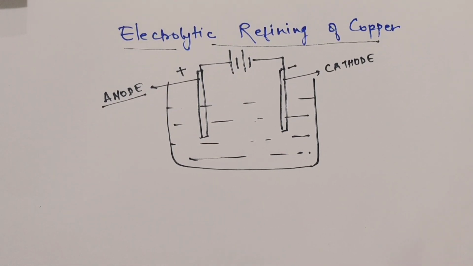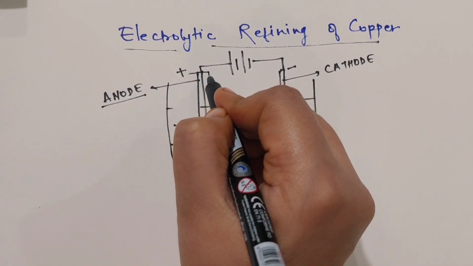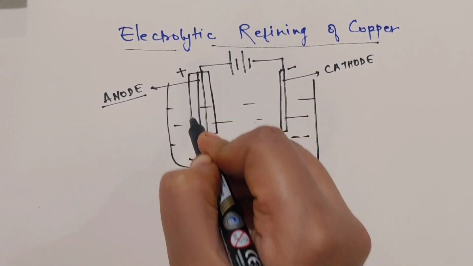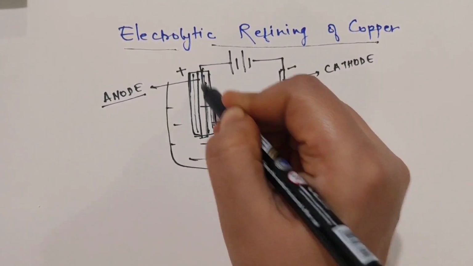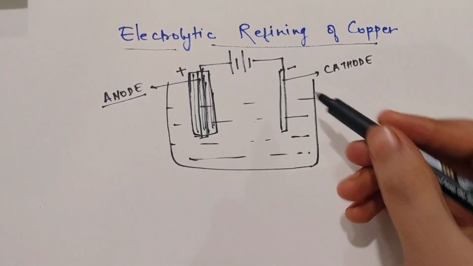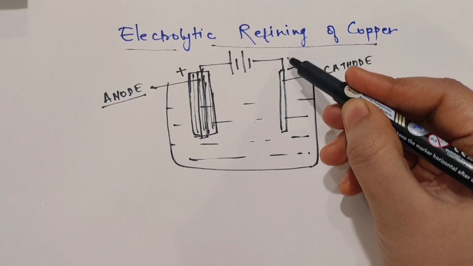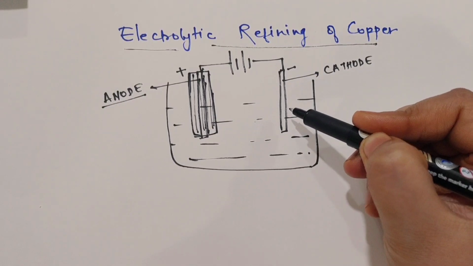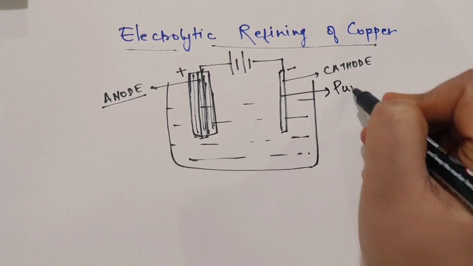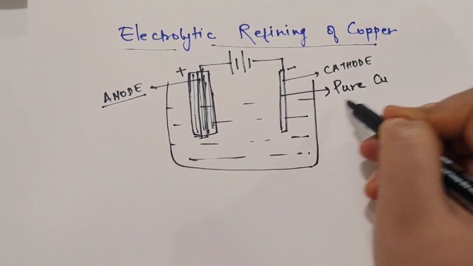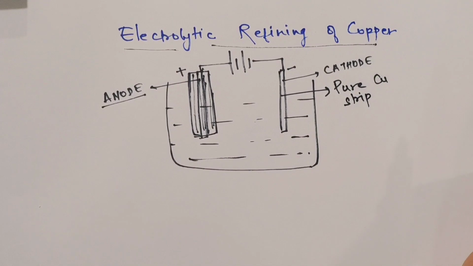So what we'll do is we will take that impure block of copper, a thick impure block of copper, and we will make it anode, right? And then we will take a very thin strip of copper, pure copper, and we will call it cathode. This is pure copper strip, thin strip.